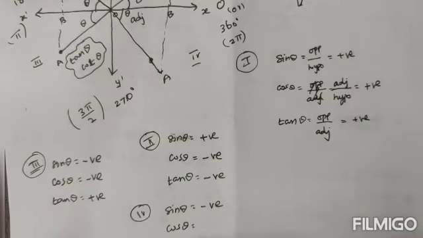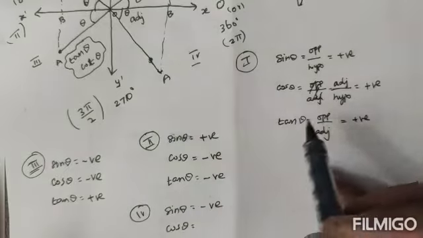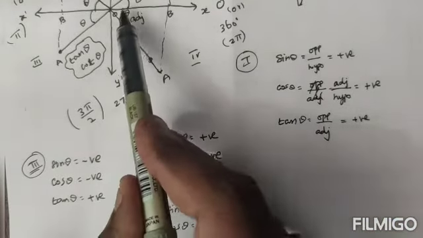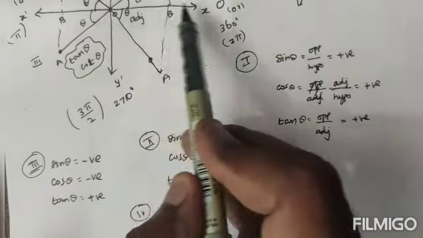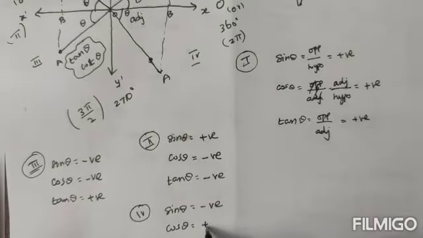Next, cos theta. Cos theta, see the cos theta formula, you know, adjacent divided by hypotenuse. Adjacent is positive x-axis, so here the value is positive. So here cos theta and its reciprocal component, that is secant theta, is positive.